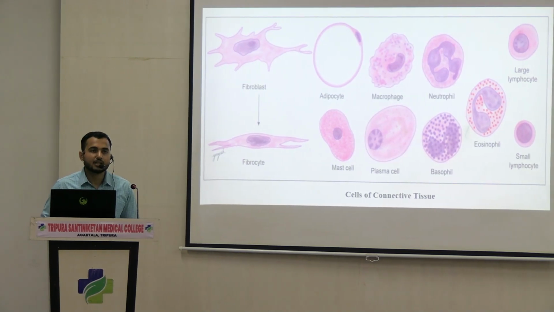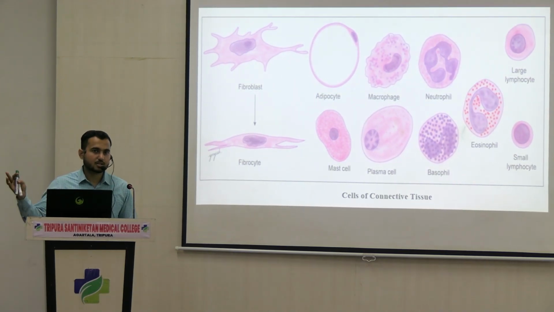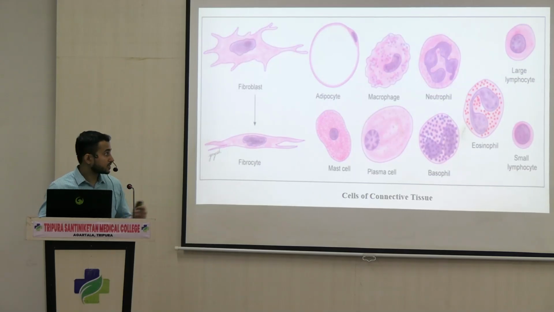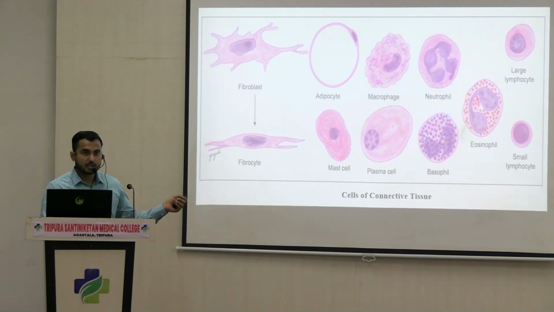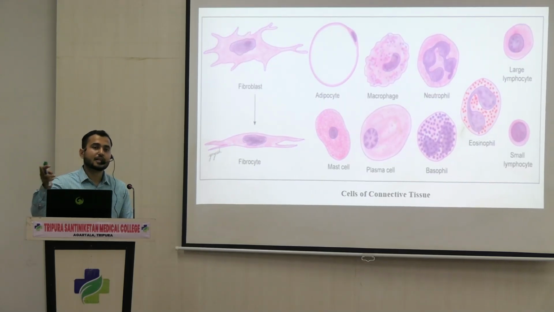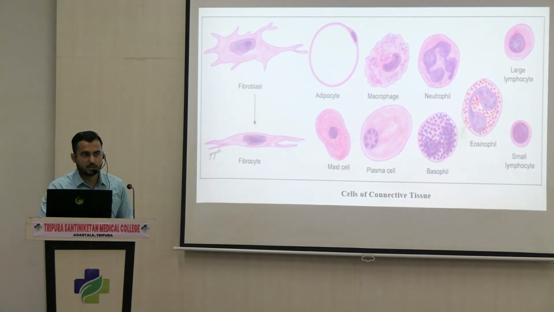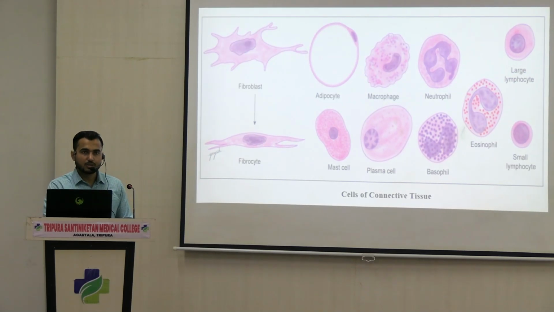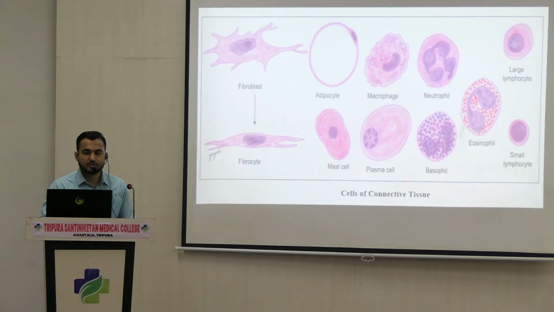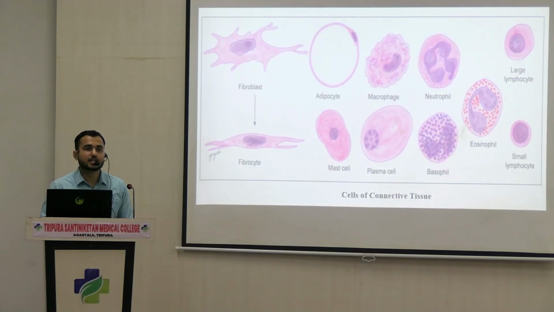How to identify the cells, because numerous, different types of cells are there, as you can see over here. Each and every type of cell has a unique property by which we can identify it under the microscope. One of the important properties of fibroblasts is the stellate shape.